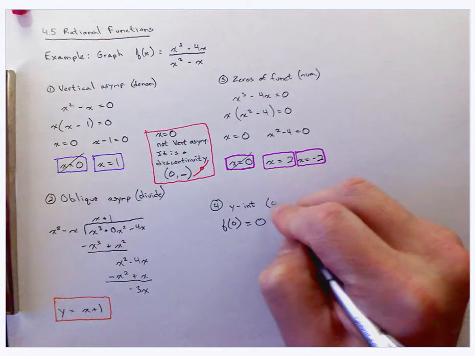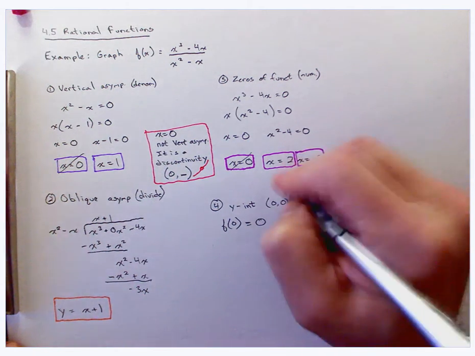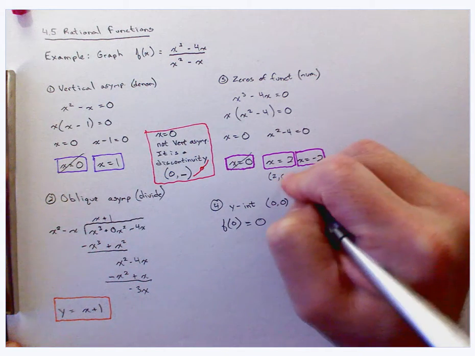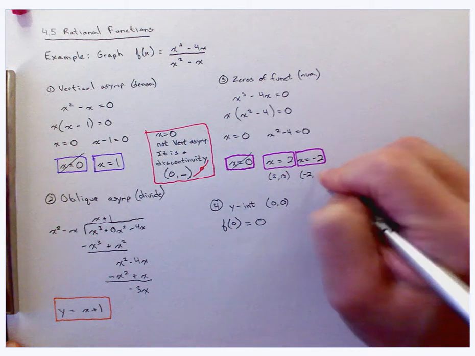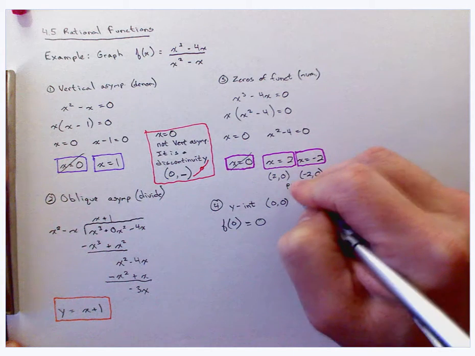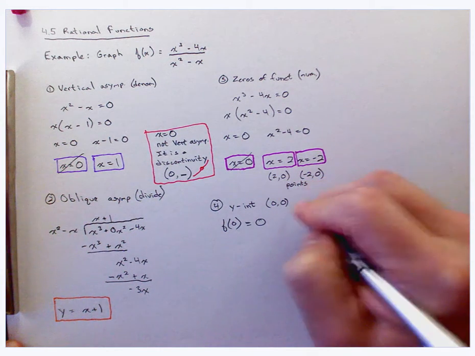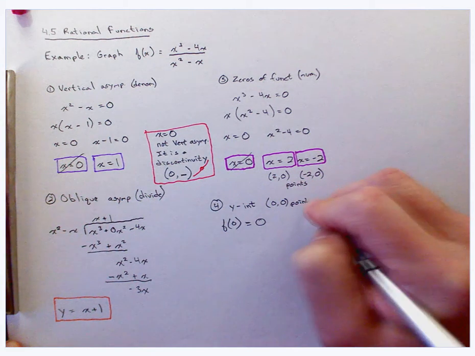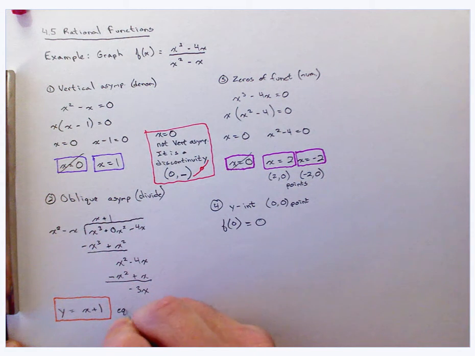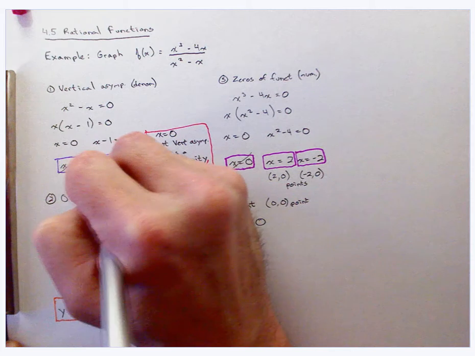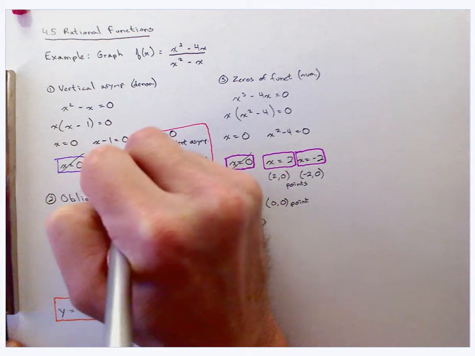So my y-intercept is 0, 0, and this is 2, comma 0, and this is negative 2, comma 0. And these are points. That's a point. And this here is an equation. Vertical line.